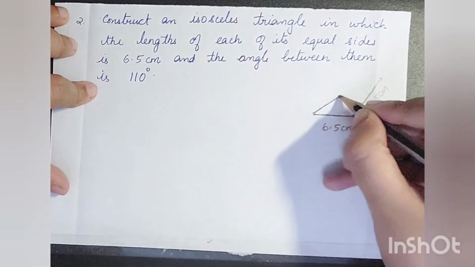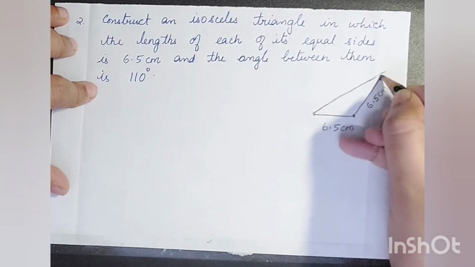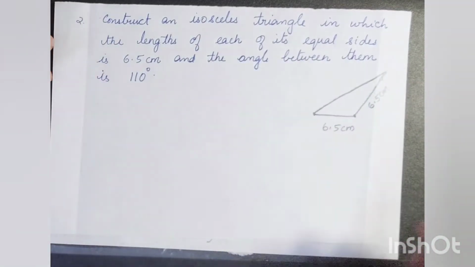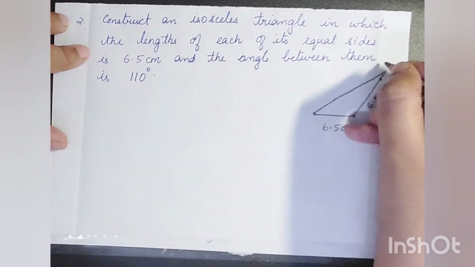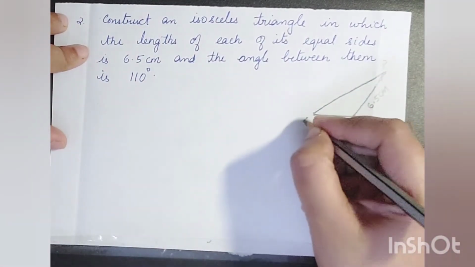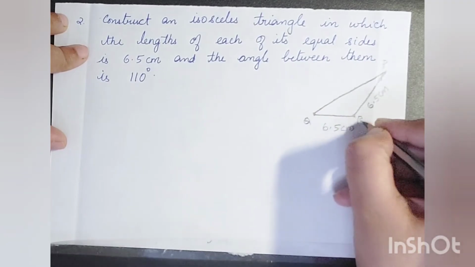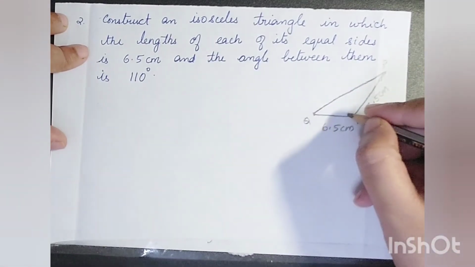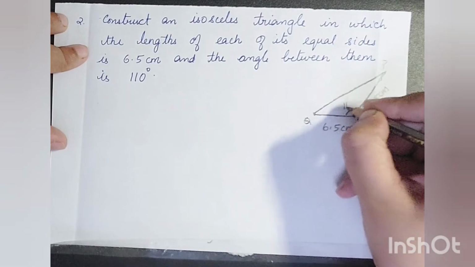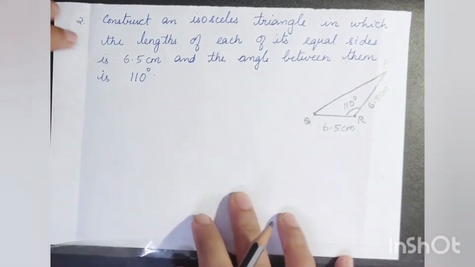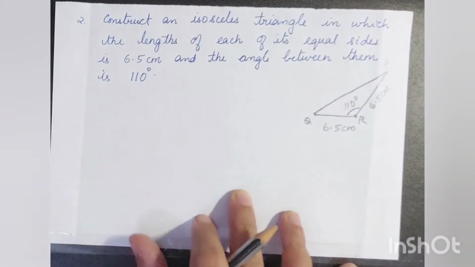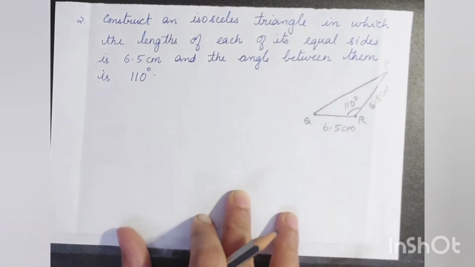This is the third side. Okay. Now this will be the triangle. Now let's name it PQR. So angle QRP is equal to 110 degrees. So clear with this? Now we are going to construct this triangle.